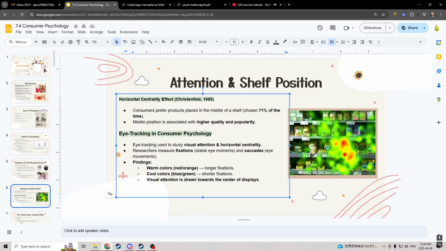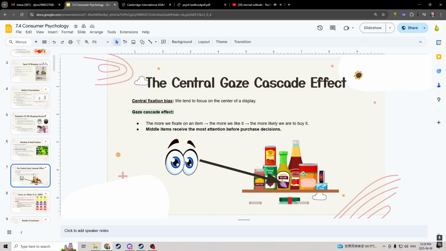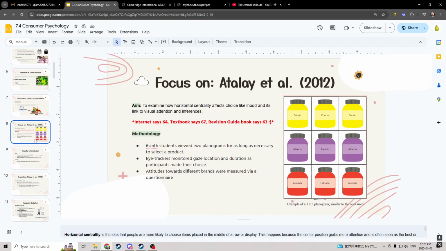The finding is that visual attention is drawn towards the center of displays. Central fixation bias: we tend to focus on the center of a display. The gaze cascade effect is that the more we fixate on an item, the more we like it, the more likely we are to buy it. So middle items receive the most attention before purchase decisions, and therefore they're the most likely to be purchased.